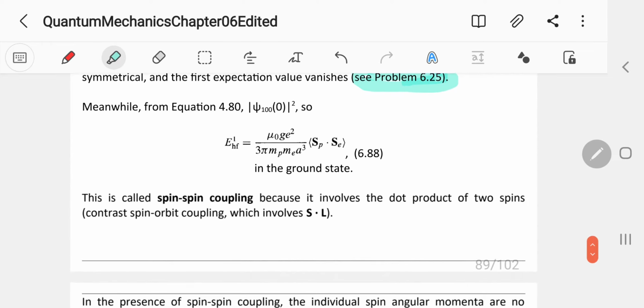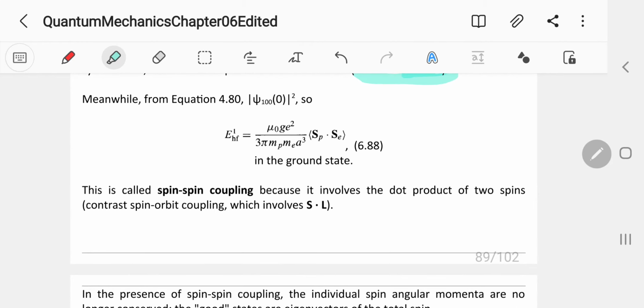Meanwhile, from equation 4.80 for the hydrogen atom, phi 100 of 0 squared, the square of the probability density, is equal to 1 over pi a cubed, and so your correction of the hyperfine splitting would be given by this in the ground state.